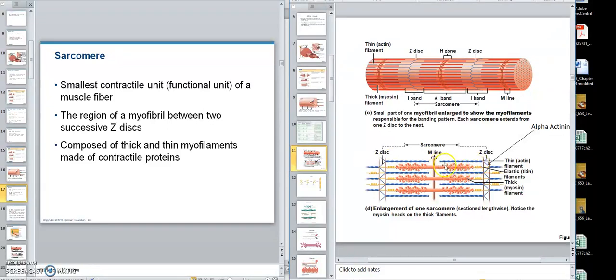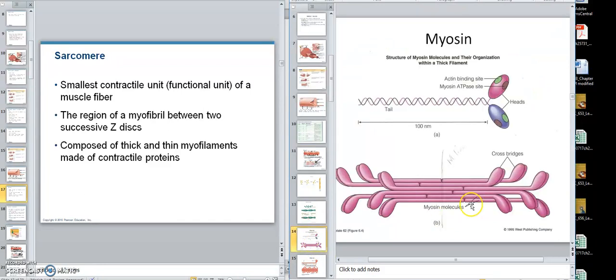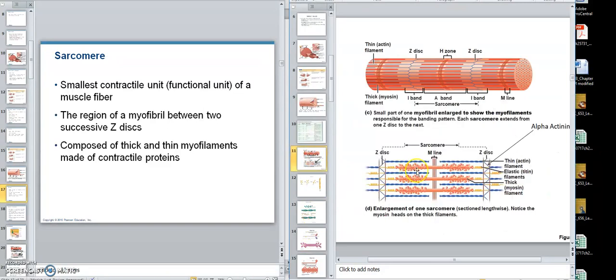The heads here point in one direction and the heads here in the other, because we're going to bind the 2 ends together by something called M-line protein. Okay, we're going to close this one and come back to this again. It takes a lot of work, this anatomy stuff.